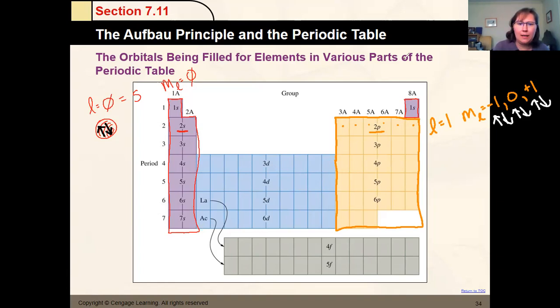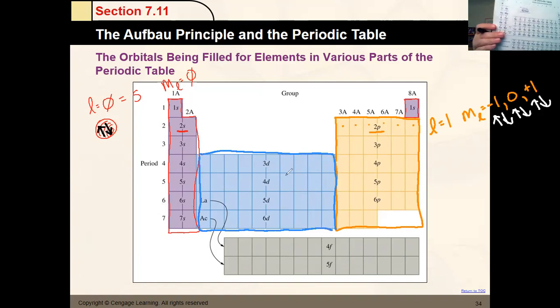Now let's take a look at our D block, our transition elements. Here are the transition metals, and here's our D block. You should have your periodic table with you all the time. Our transition elements are D blocks. Notice our D block has 1, 2, 3, 4, 5, 6, 7, 8, 9, 10 elements in it.